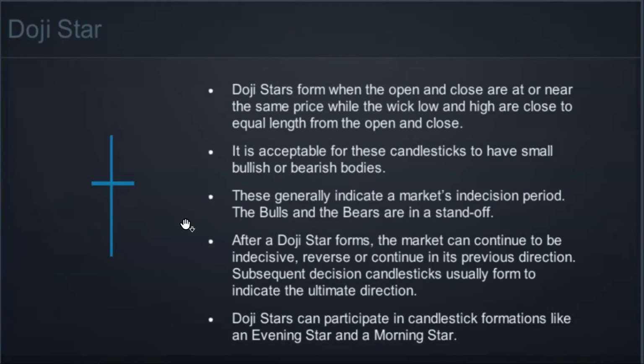Yes. So the doji star, they are candlesticks that have their closing price very close to the opening price. And to the up and the downside, they have almost equal length of wick. The wick to the up and the wick to the down, almost the same length. So we call them doji star. They suggest that the market is neither going up nor going down.